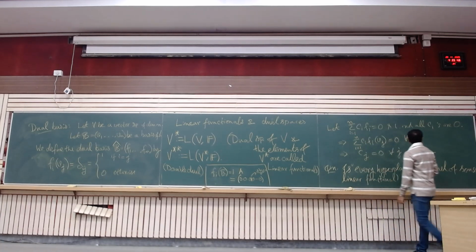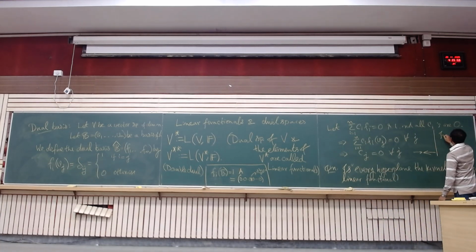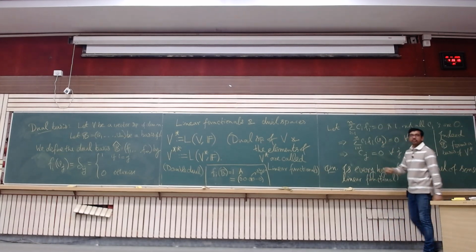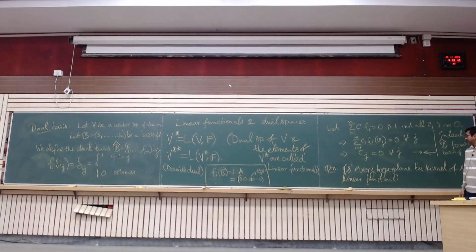So that implies that indeed B hat forms a basis of V dual. Okay. And now we are in a perfect position to answer this question. So the question was whether every hyperplane is a kernel of some linear functional.